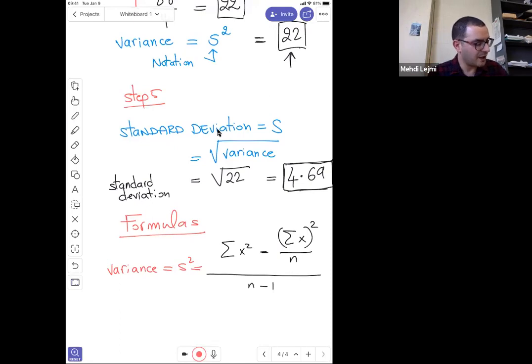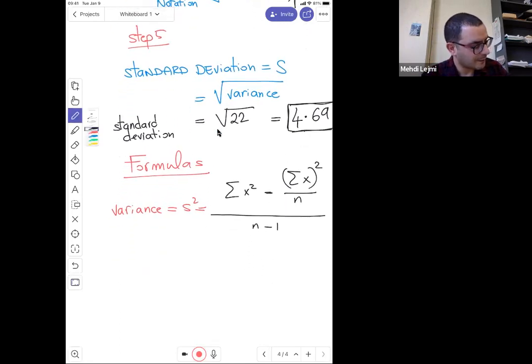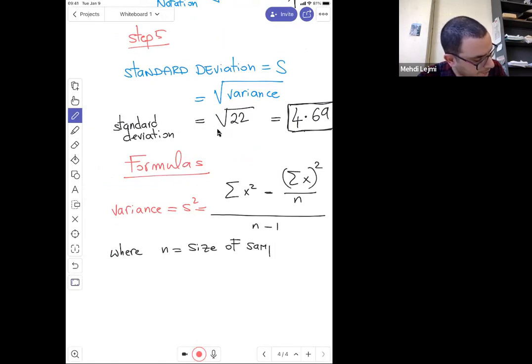Here, n is the size of the sample, and x is just your data values.